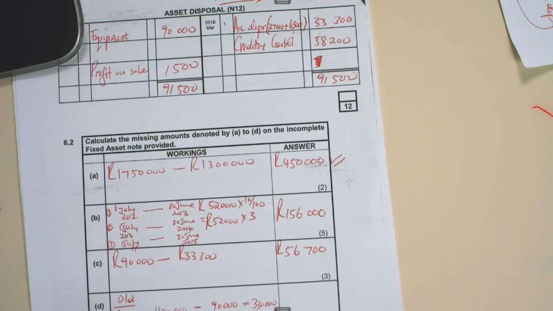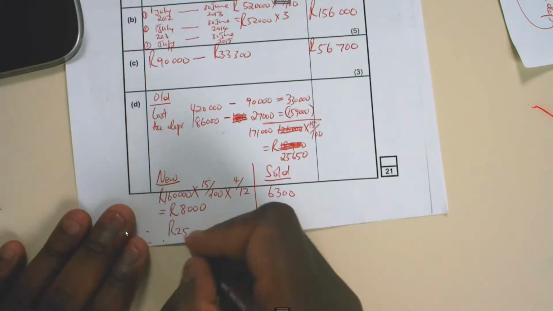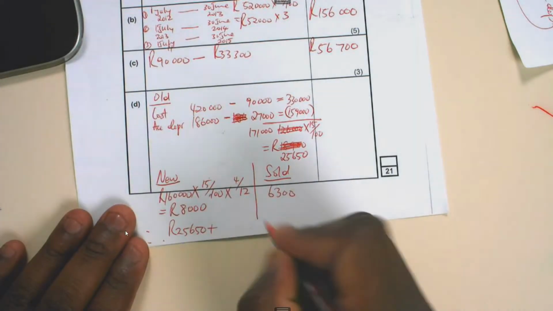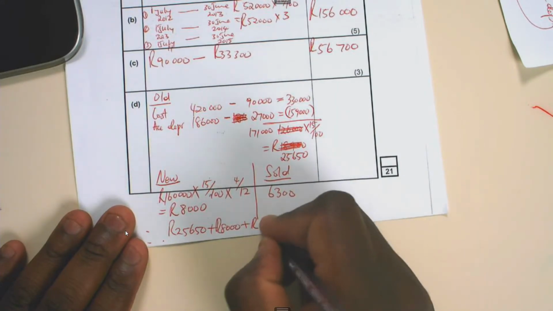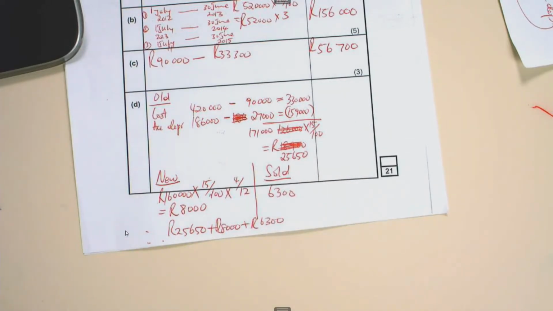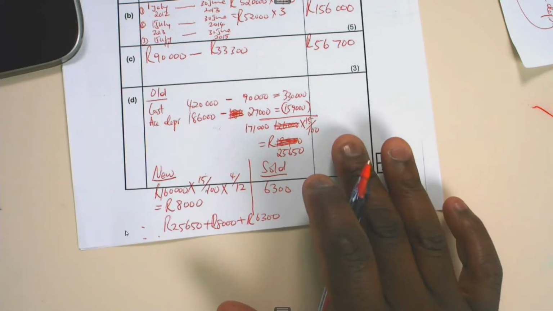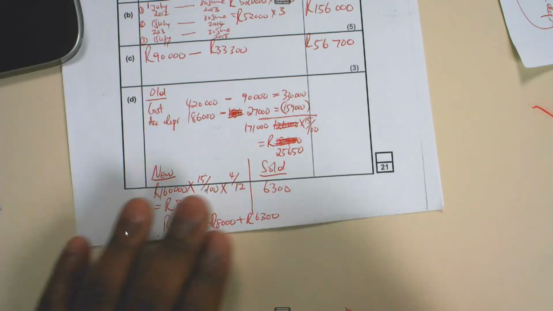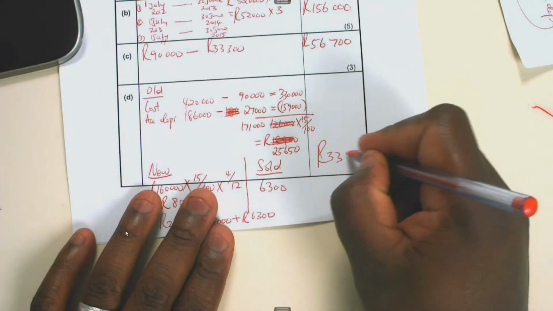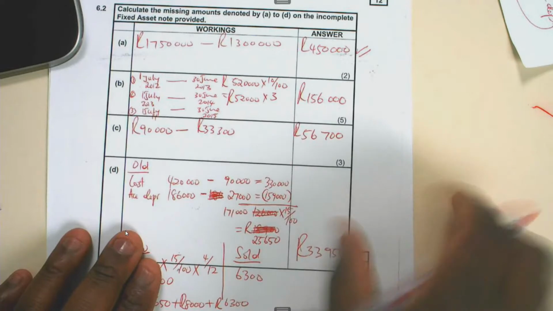Therefore, total depreciation will be 25,650 plus 8,000 plus 6,300. And then you write the total in the box given to you. So now the total would be 33,950. Right.